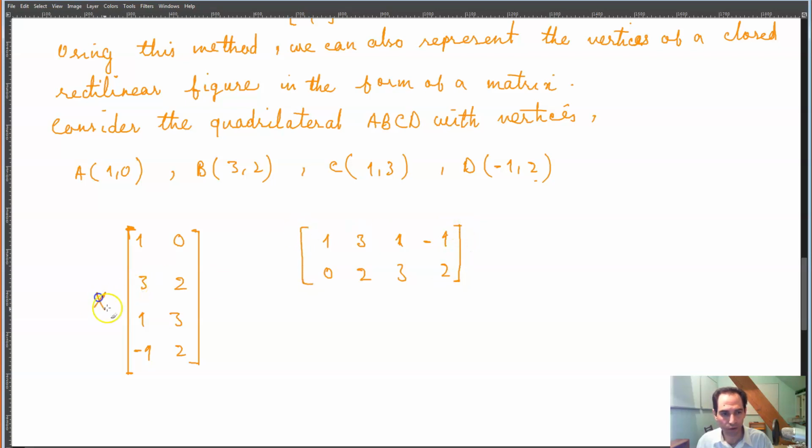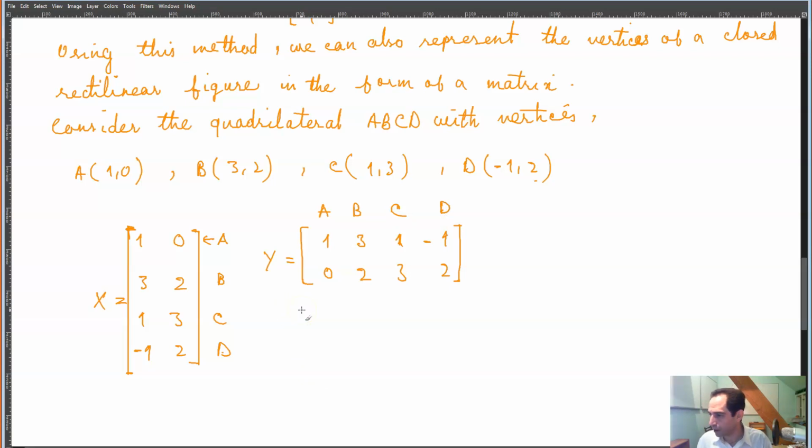Now, you can call this x and you can call this y, for example, and then in this format, this is going to be point A. So A would be basically this point, this would be B, this would be C, and this would be D. In this format, basically 1, 0 would be A, this would be B, this would be C, and this would be D, right?